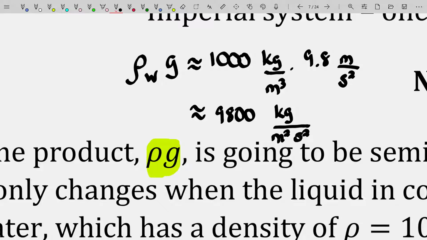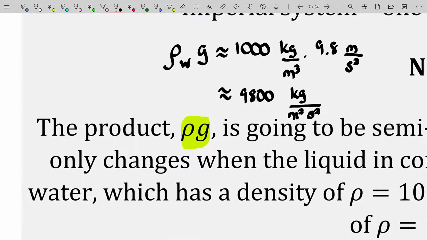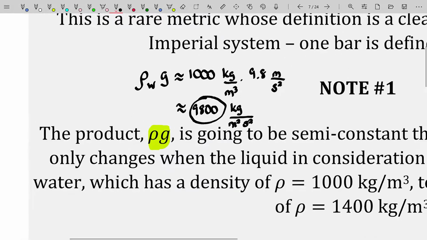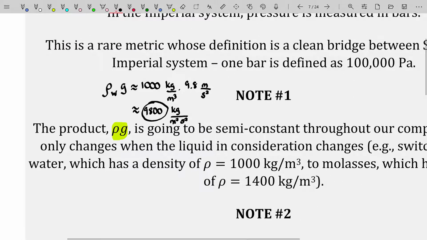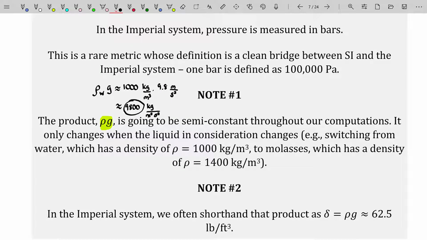Don't worry about interpreting the units there. The important part is that when you're working with a constant type of fluid like water in the metric system, you're going to continuously get this constant right here. So like I'm saying, the product rho g is going to be semi-constant throughout our computations. It only changes when the liquid in consideration changes.